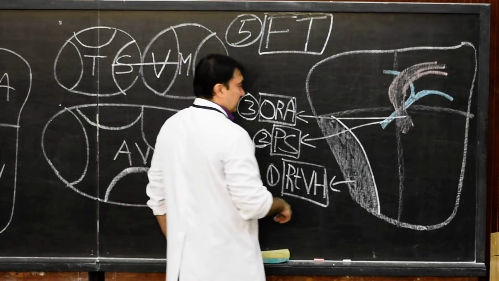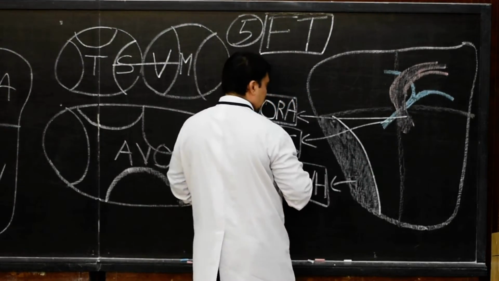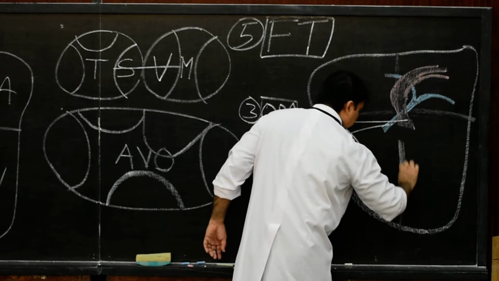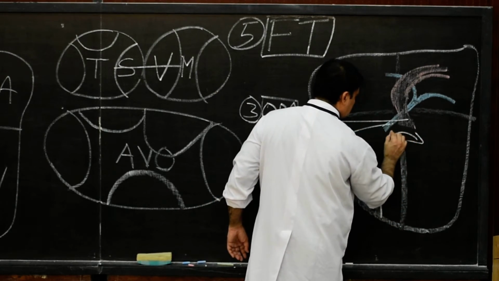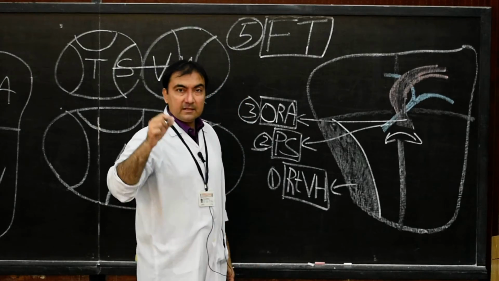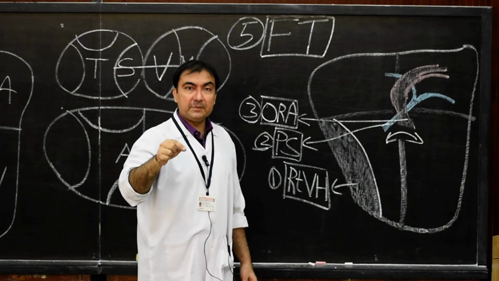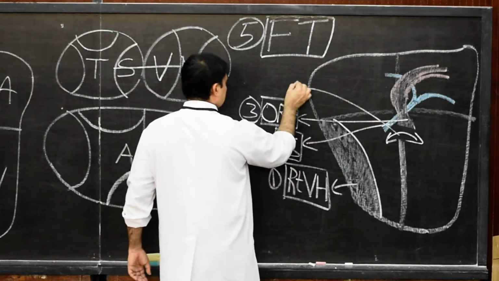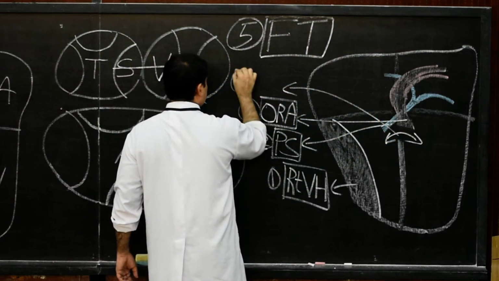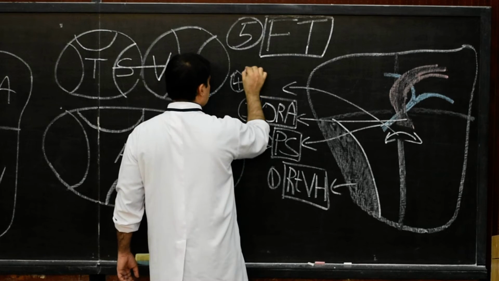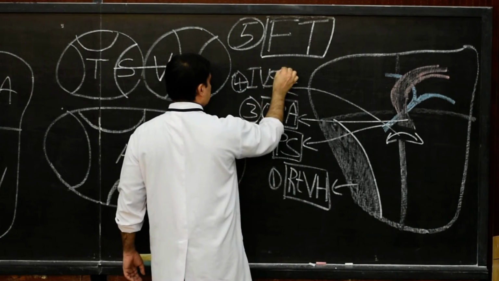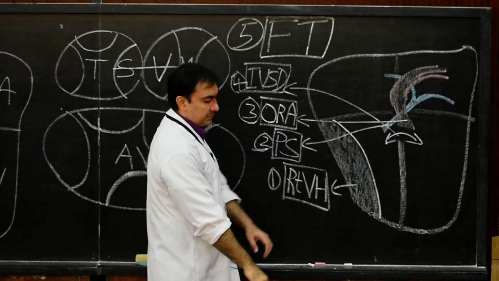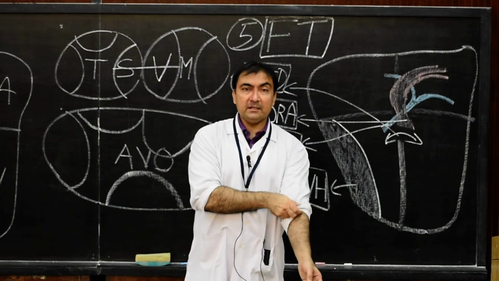Fourth anomaly will be, here we leave a space, and that space will be known as interventricular septal defect. So this will be the fourth one. So in short, in interventricular septal defect, which foramen will remain patent?